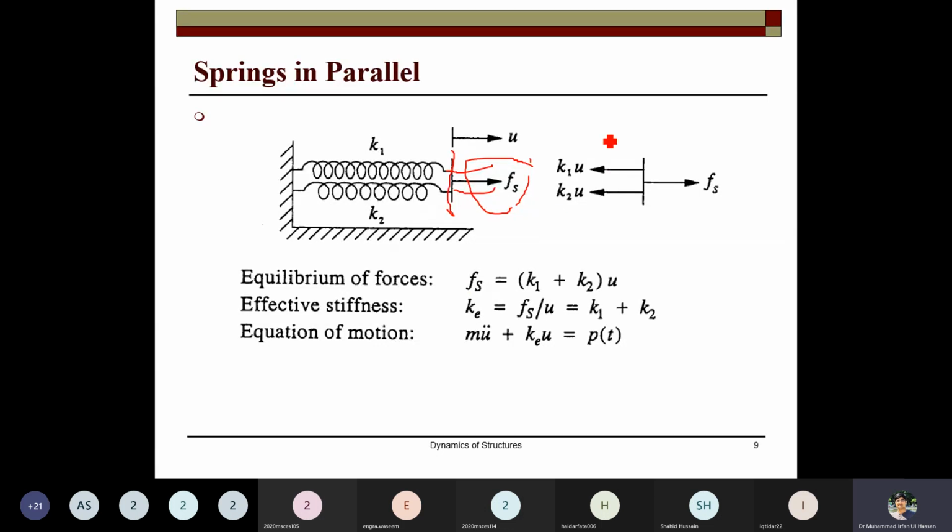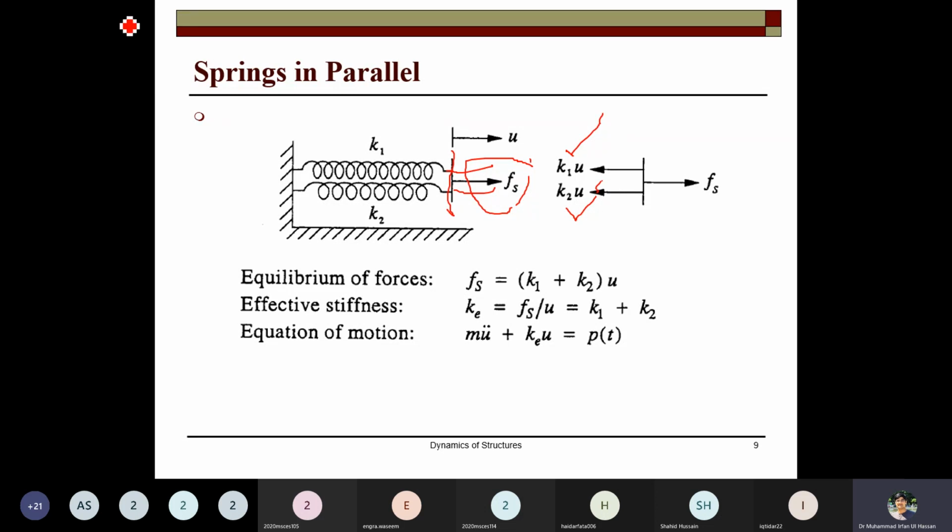Therefore, the force that is developed in spring 1 is K1 into u, and in spring 2 is K2 into u. So what will be the total spring force that will be developed?